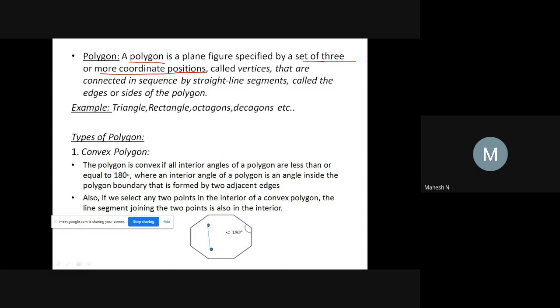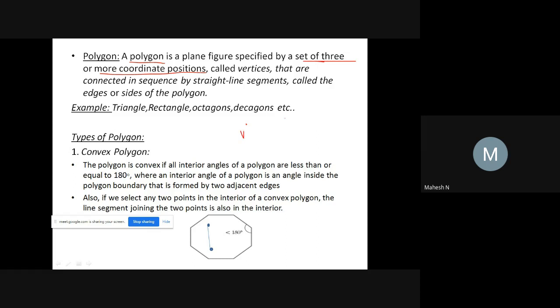So whenever I need to say any object is a polygon, we should have a minimum of three vertices. That particular object we call a polygon. If I have only one point, this is not a polygon, it is just a vertex.